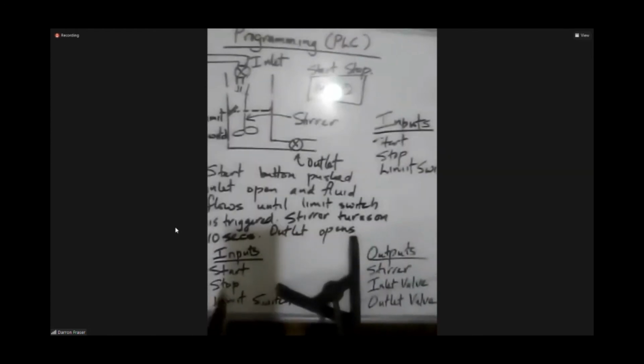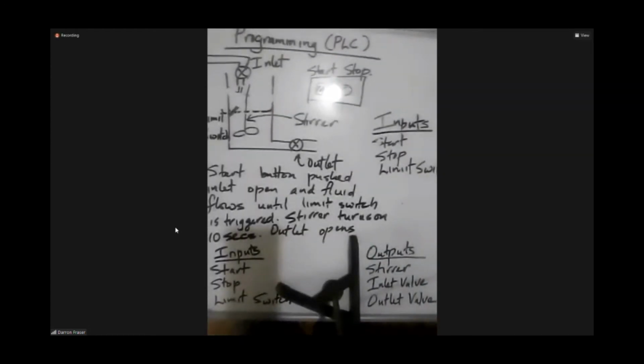So having decided on your inputs and your outputs, the next thing that you have to do is label, assign an address, what is called an address, for your input and your output. I'm hoping that this is making sense to you: one side of the PLC is input, and one side of the PLC is output.